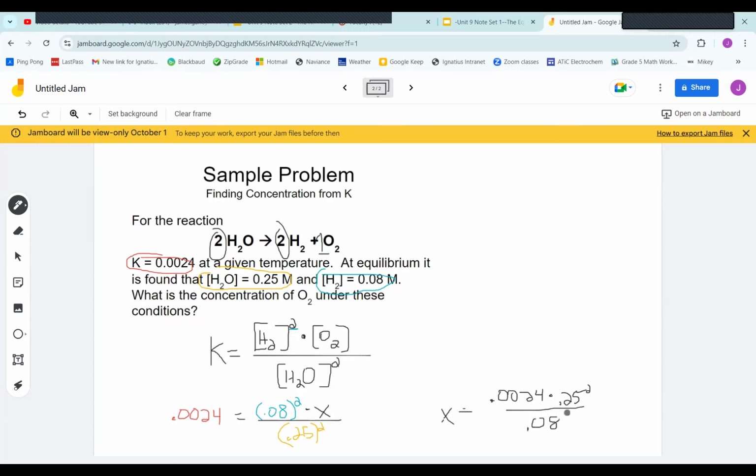Make sure to type it with parentheses. I encourage you to do that. I think it's very helpful. It often gives you the correct result. And we get a final answer of 0.023. And since they're asking for a concentration, I'm going to put the units molar, capital M for molar.